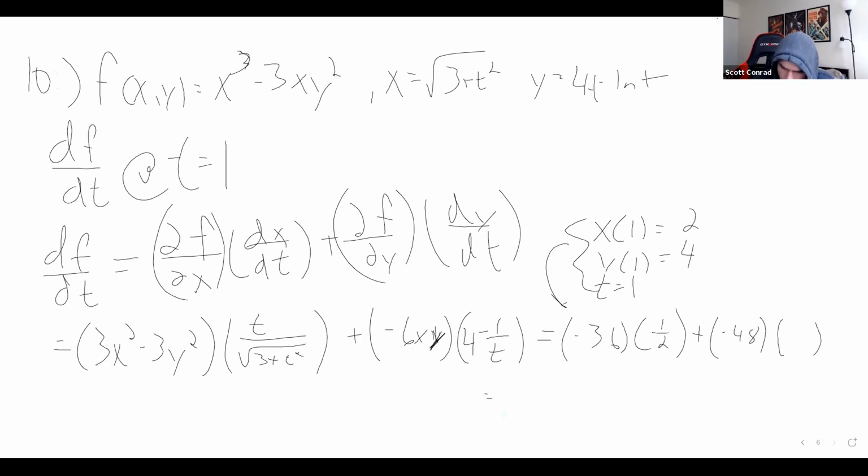Okay. So we get 4 minus negative 1 is 5. Okay, so we get negative 18 minus 240. So we get negative 258. Should be right. Okay.